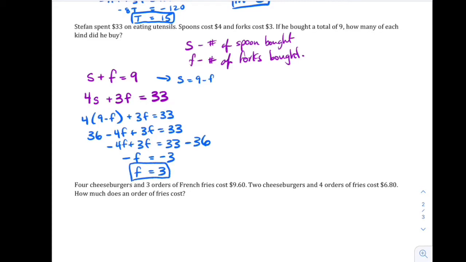That means he bought 3 forks. And I put that back into the S equation that we isolated earlier. 9 minus F. S is equal to 9 minus 3. S is equal to 6. So he bought 6 spoons and 3 forks.